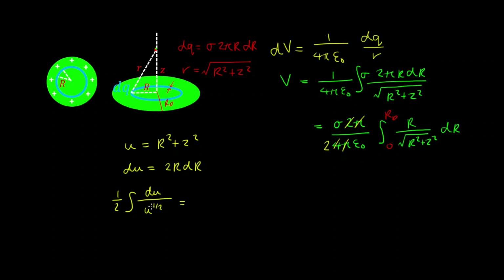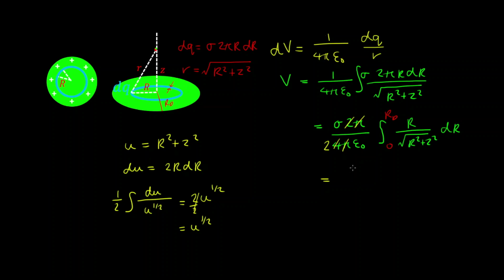So this is the same thing as u to the minus 1/2 du. So evaluating this integral, we get u to the 1/2 on 1/2, which is 2u to the 1/2. And that's multiplied by 1/2 outside this integral. So the 2's cancel, and we end up with u to the 1/2.